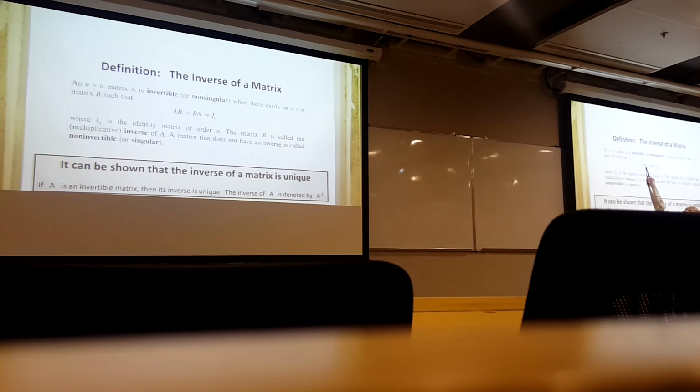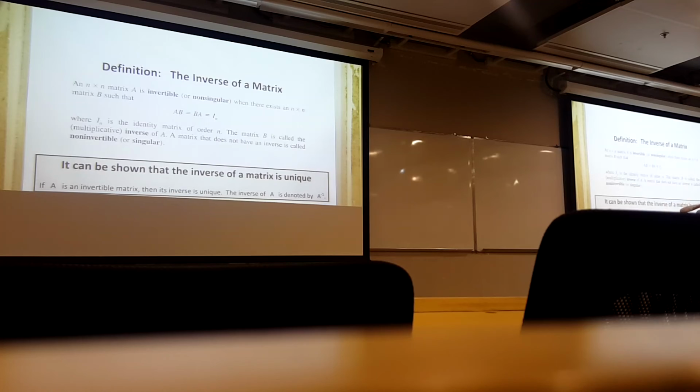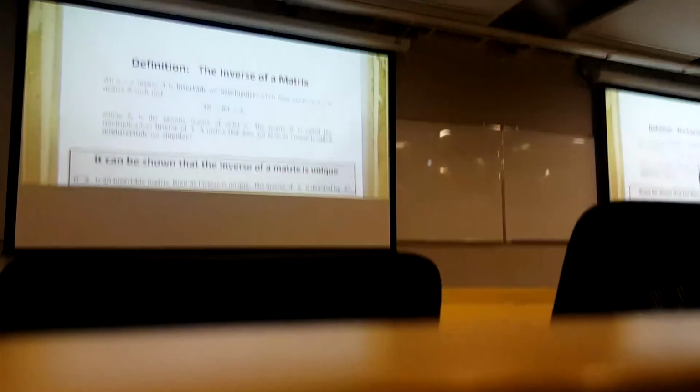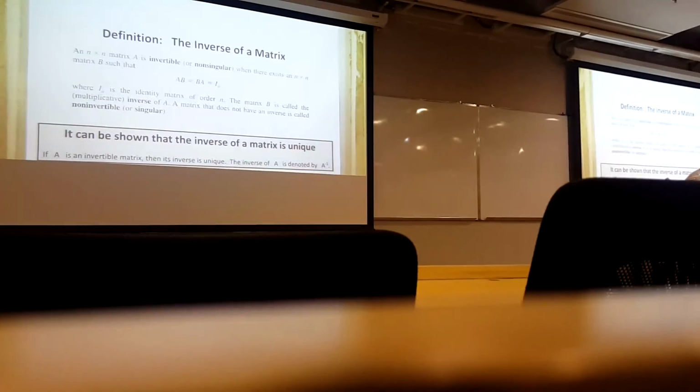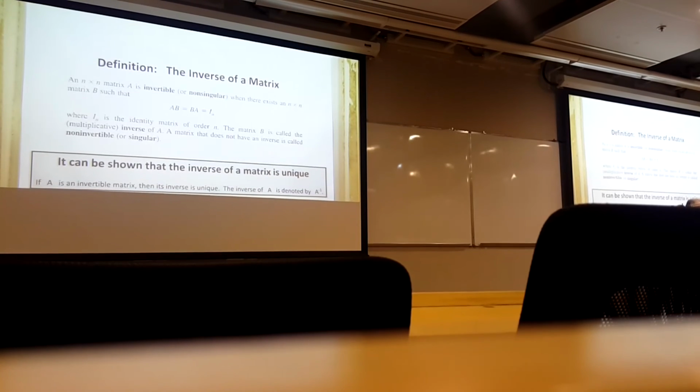No matter whether you multiply on the left or on the right, it will produce the same identity matrix. Identity matrix means the matrix with all the diagonal elements 1 and all the others 0. And the identity matrix, when it multiplies to whatever matrix, does not change that one.